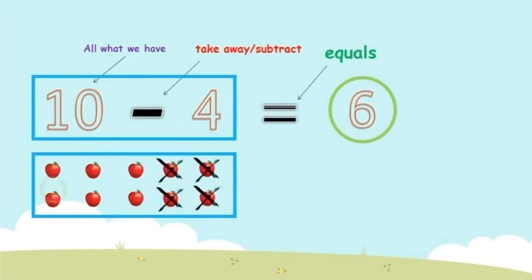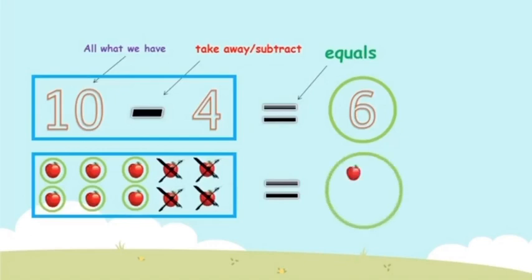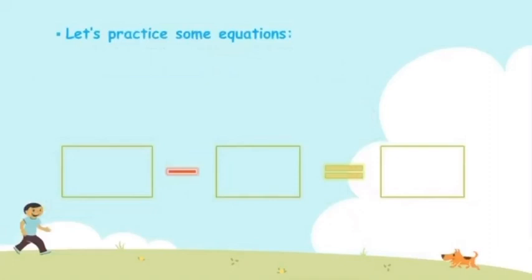Now I want you to count how many apples are left over. 1, 2, 3, 4, 5, 6 apples are left over. So 10 take away 4 equals 6. And you can say 10 subtract 4 equals 6. This is what we call subtraction. Subtraction is when you take something away.